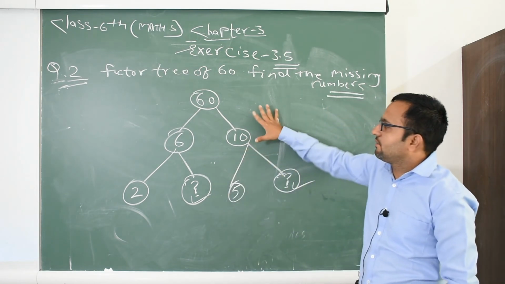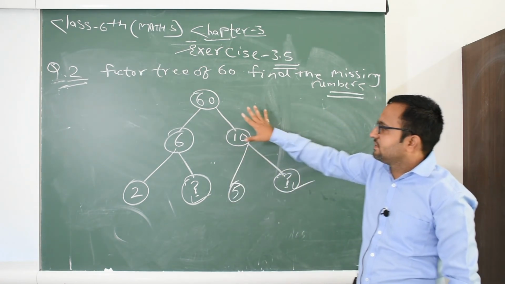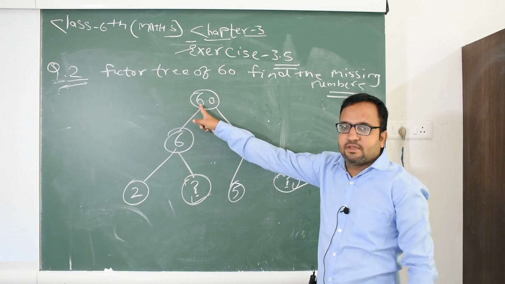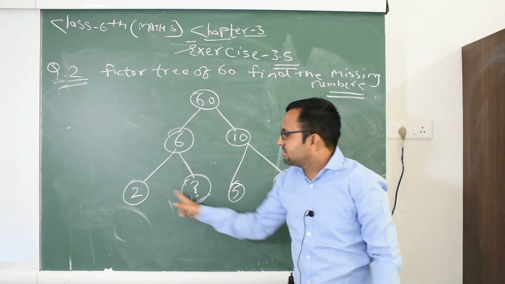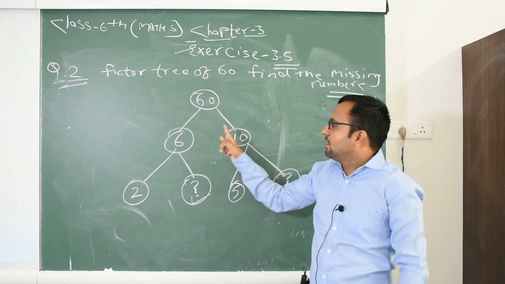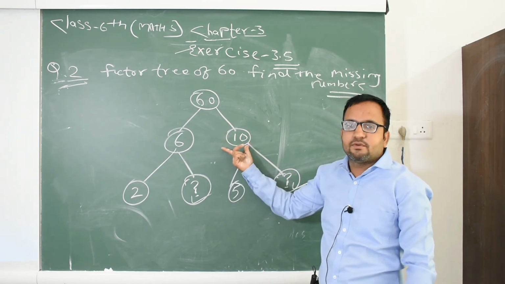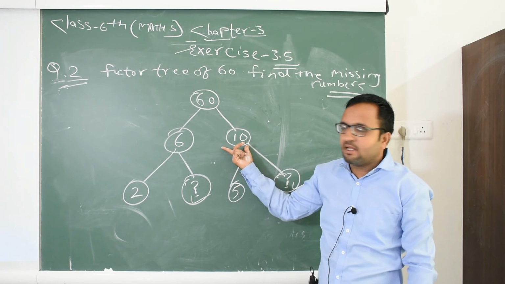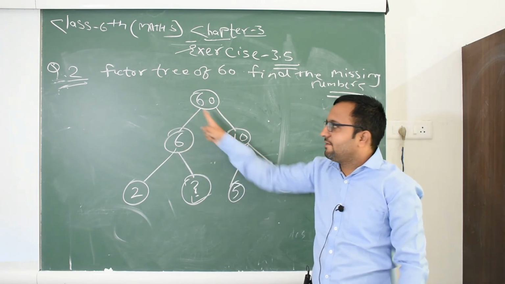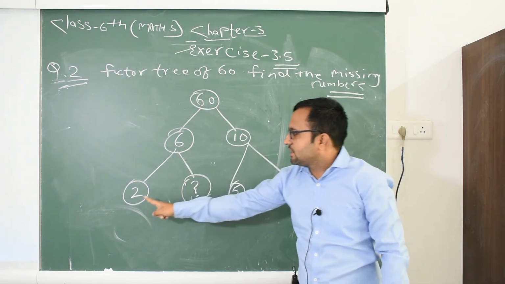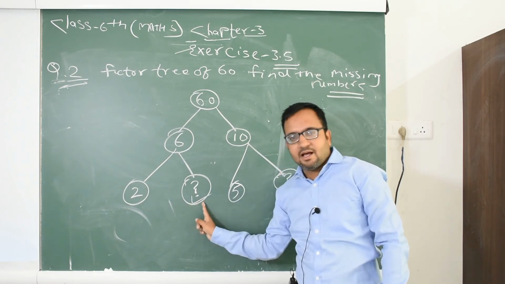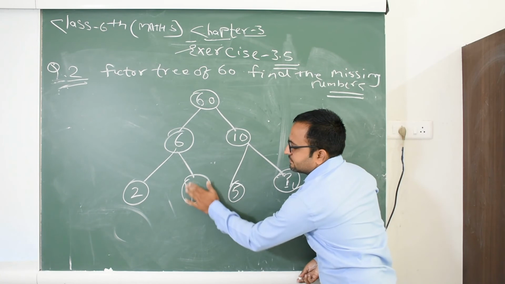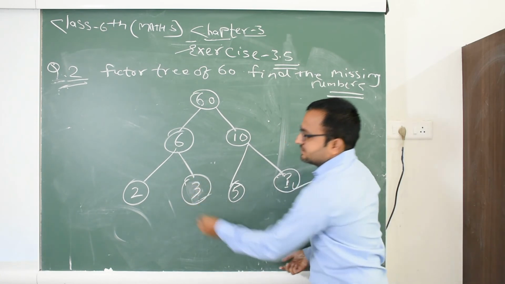What is the concept of a factor tree? 6 tens are 60. We tell the table of the particular number. So 6 tens are 60, and here, 2 times what is 6? 2 threes are 6. So here we put 3.